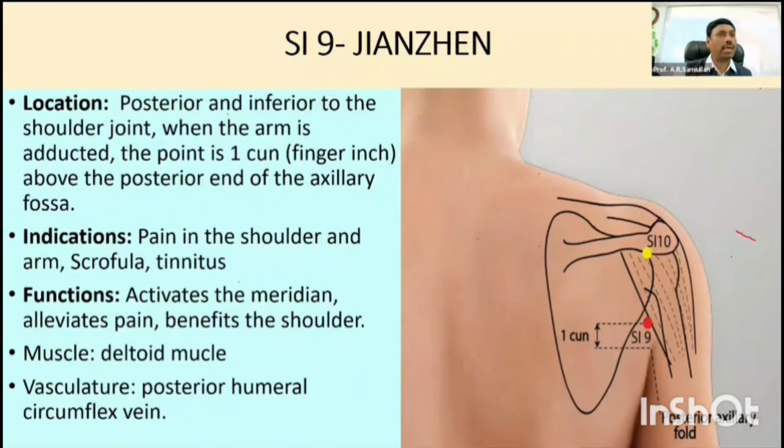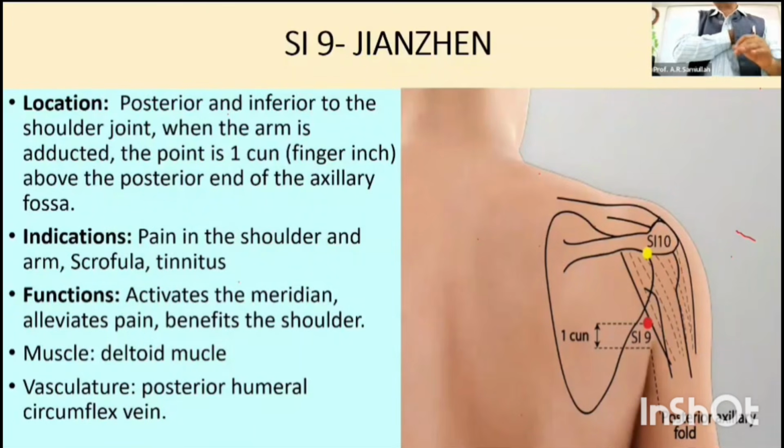Jian means the shoulder. Zhen means true, so the true shoulder, that is called Jianzhen. Remember, the point is located one cun proximal to the posterior axillary fold. This is known as the anterior axillary fold. This is the axillary anterior fold.